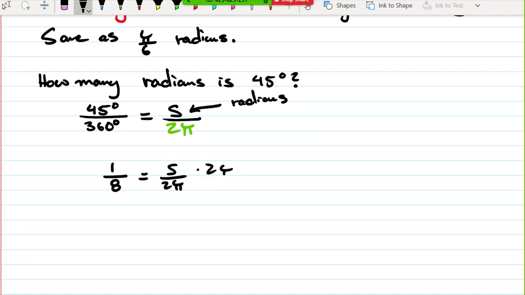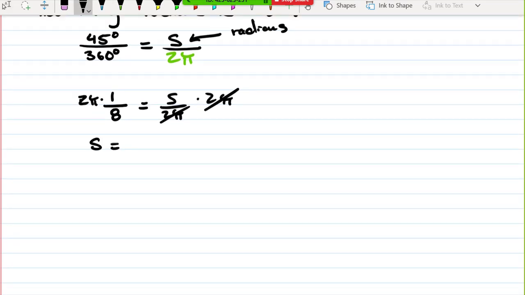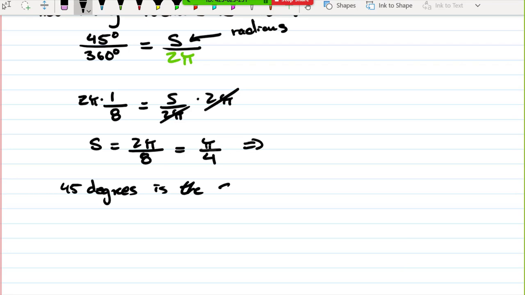So then if I multiply both sides of this equation by 2 pi, those reduce out, and we get that S is equal to 2 pi divided by 8, and that reduces to pi over 4. So 45 degrees is the same as pi divided by 4 radians.